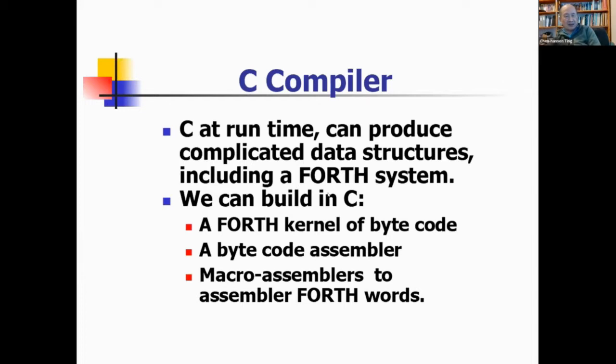So we can build in C a FORTH kernel of bytecode and a FORTH byte assembler, and many macros which can assemble FORTH words and build the complete FORTH dictionary.